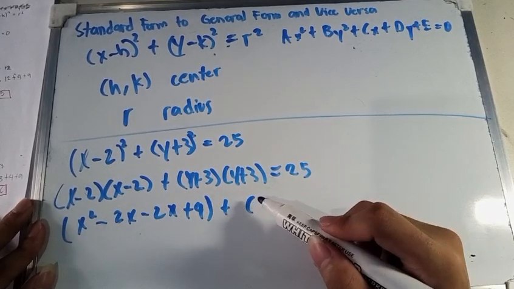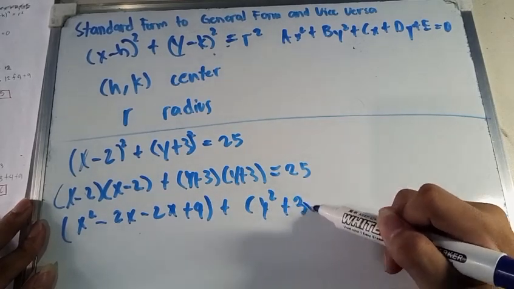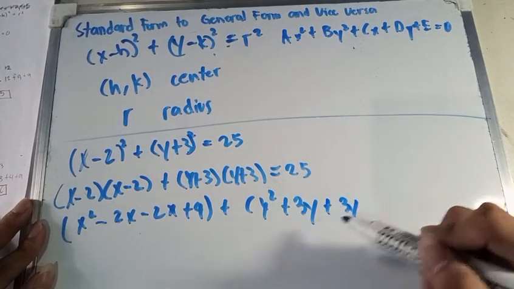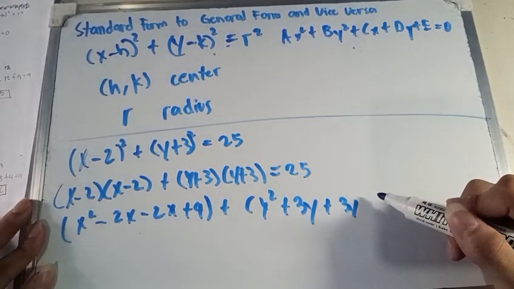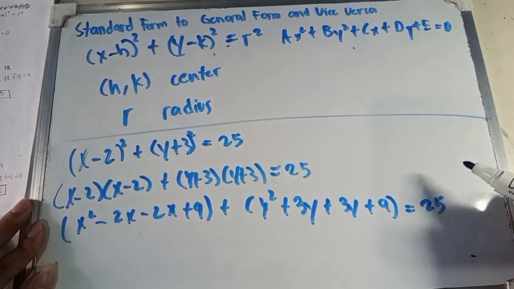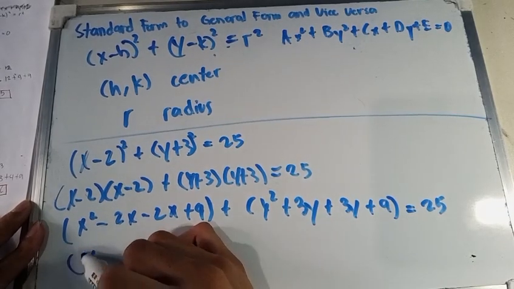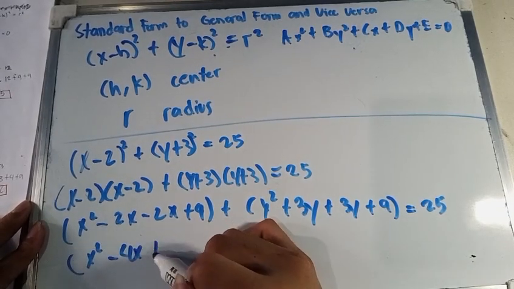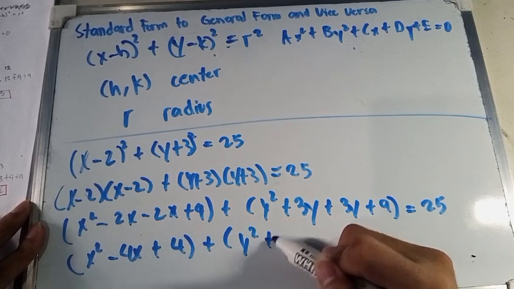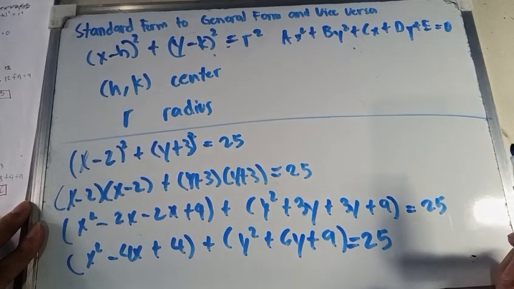Plus y times y is y squared. Y times 3 is 3y. 3 times y is also 3y. And 3 times 3 is 9, equals 25. Now, combine like terms: x squared minus 4x plus 4 plus y squared plus 6y plus 9 equals 25.